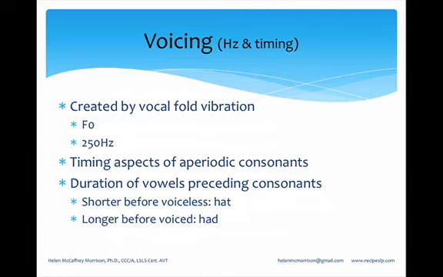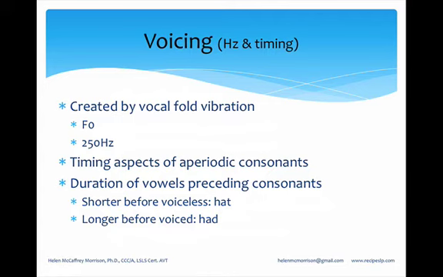So the vowel is shorter before voiceless consonants, hat. The vowel is longer before voiced consonants, had. So just listen, hat, had. There's a measurable longer duration of the vowel in had compared to the vowel in hat.